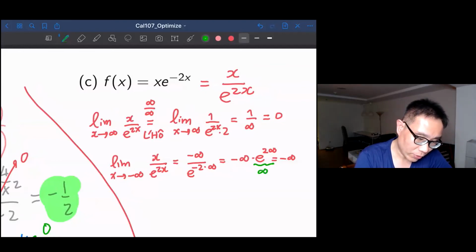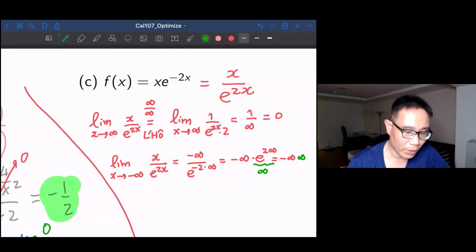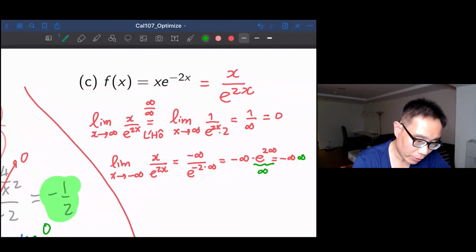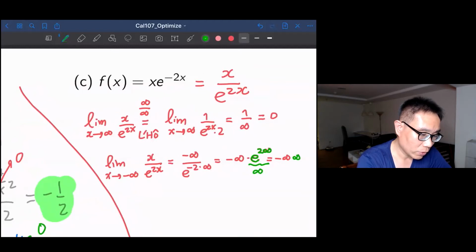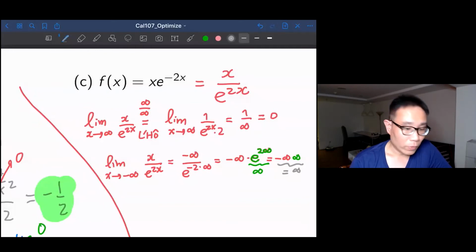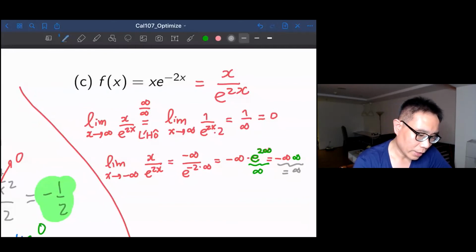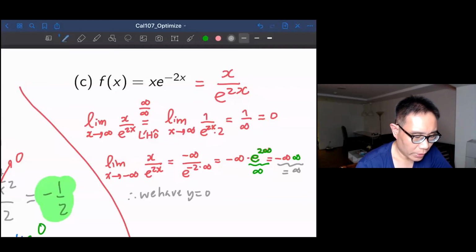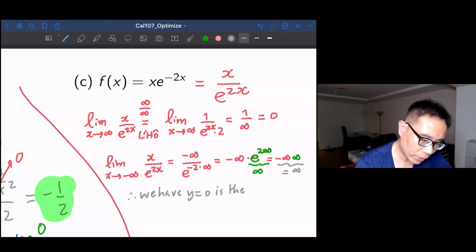So it's infinity multiplied with infinity, and it's not going to be L'Hopital. This thing turned out to be equal to infinity. So y equal to 0 is the only horizontal asymptote.